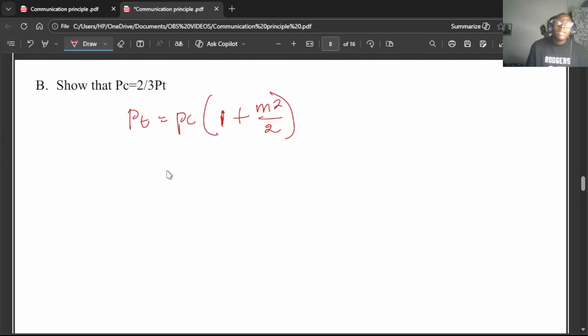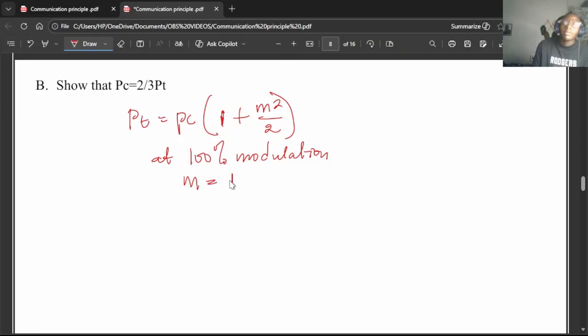At 100% modulation, you have that M is equal to 1. We got this because 100% modulation simply means 100 divided by 100, which gives you 1.